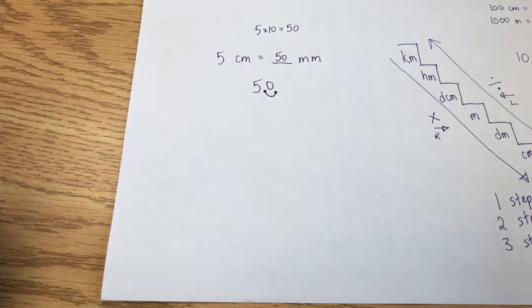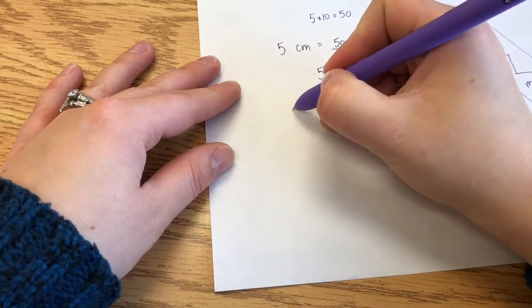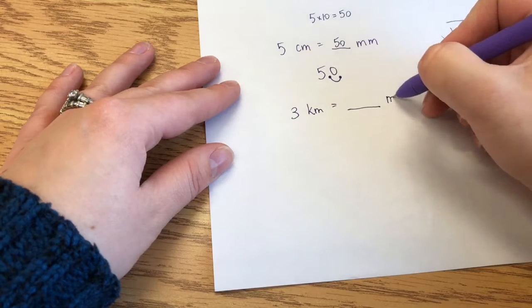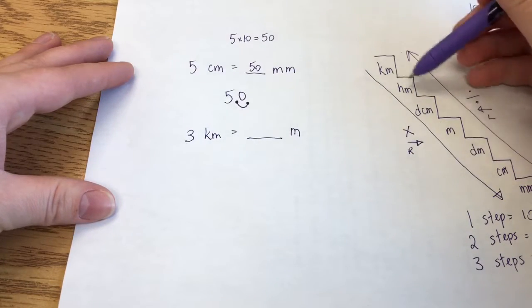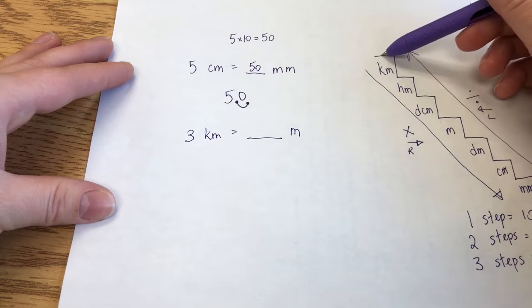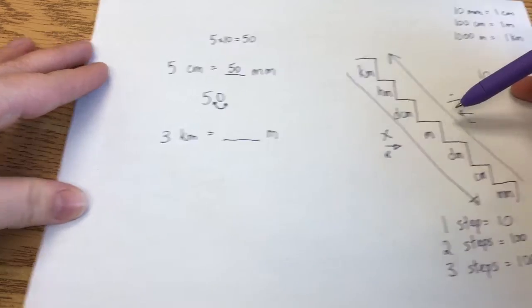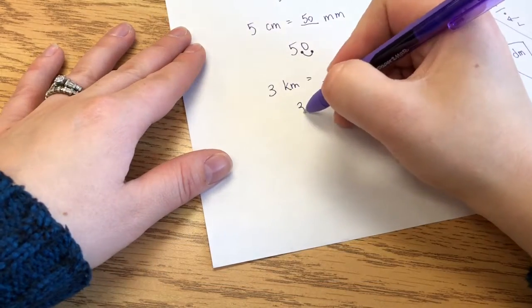So when we're getting to the smaller ones, not a huge dilemma, but when we're getting to bigger ones, so if we wanted to figure out, let's say, how much 3 kilometers is when expressed in meters, again, we are still going down. So we're going from kilometers down here to meters. So we're going down 1, 2, 3 steps, which means we are multiplying by 1,000. So here we go.